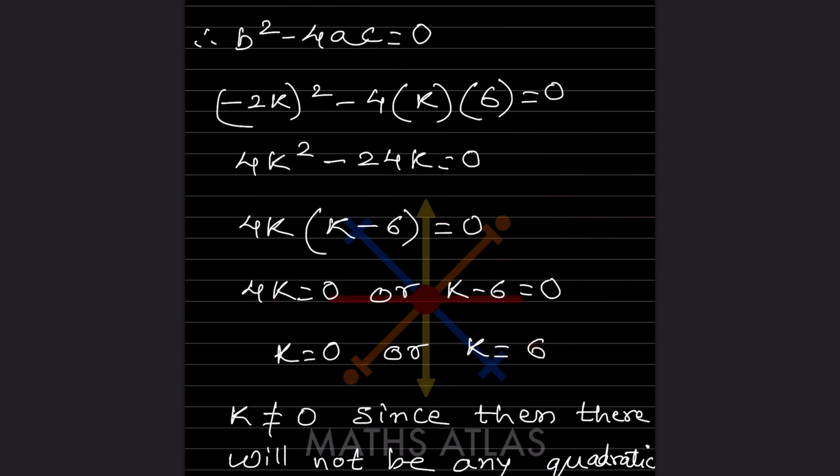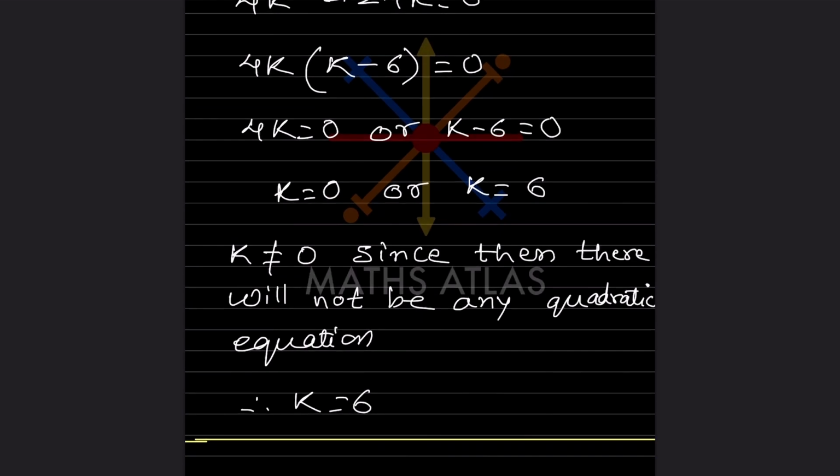So here we can say that k cannot be 0. Why? Because there will not be any quadratic equation if we keep k as 0. So we have to take k as 6.